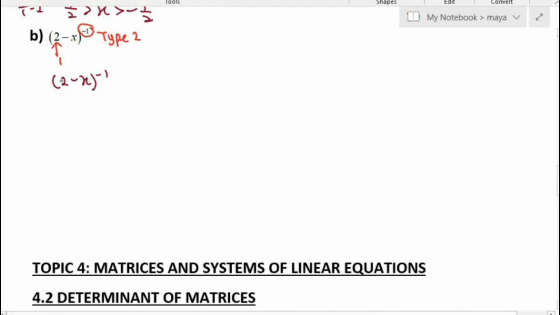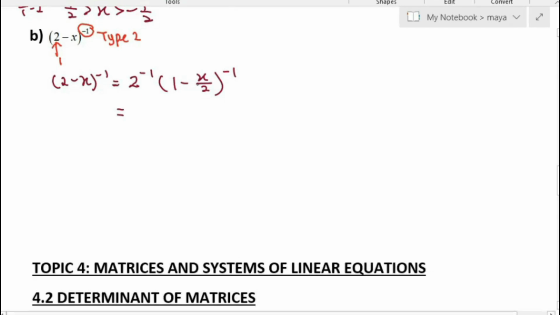The first term here is 1. So we will factorize 2. When you factorize 2, this 2 is coming from the bracket, so it will be to the power of negative 1. So when you factorize 2, here will become 1, and this one will become negative x over 2.